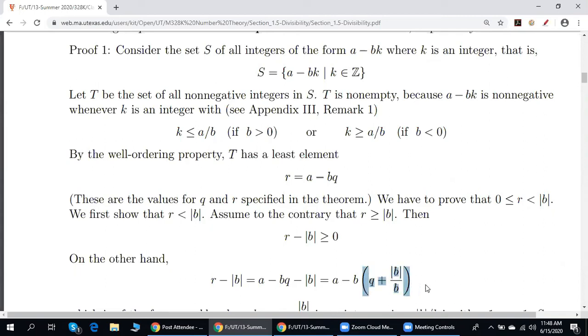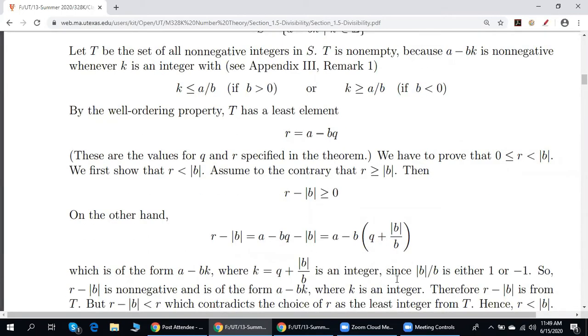If we expand parentheses here, we'll get the following: negative B times Q, which is this, minus times plus minus, and then B times absolute value of B over B. After the cancellation of B, we will get absolute value of B. So indeed, this is equal to this.